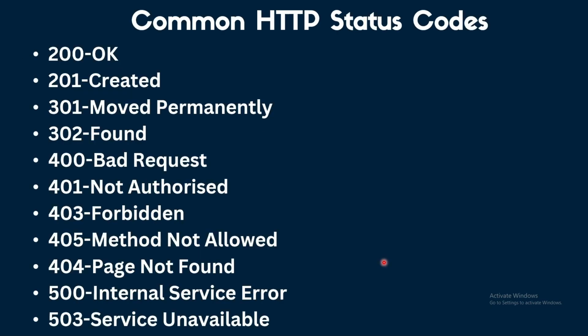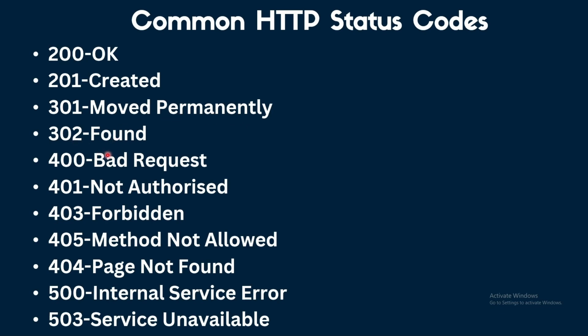Next I'm going to talk about common HTTP status codes. Let's get an overview of every one that's mentioned here. As you can see, the 200 status code basically means the request was successful. 201 basically means the resource was created. It is basically used when a new user is created or a blog is posted. And 301 basically means moved permanently. It means the page has been moved somewhere else. Next we can see 302 found.